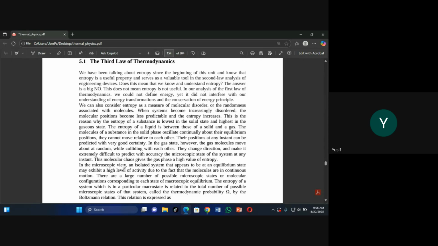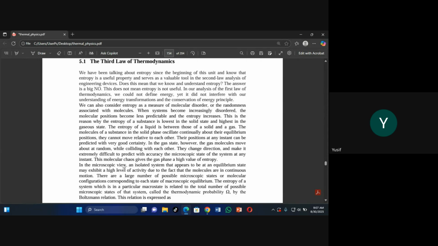It's very difficult to predict where you are at any given time. The same thing applies here. In a solid, because the molecules are packed and intact, predicting the molecule at any point in time is very certain. But in a gas it's not certain, because they move randomly and freely within the system.